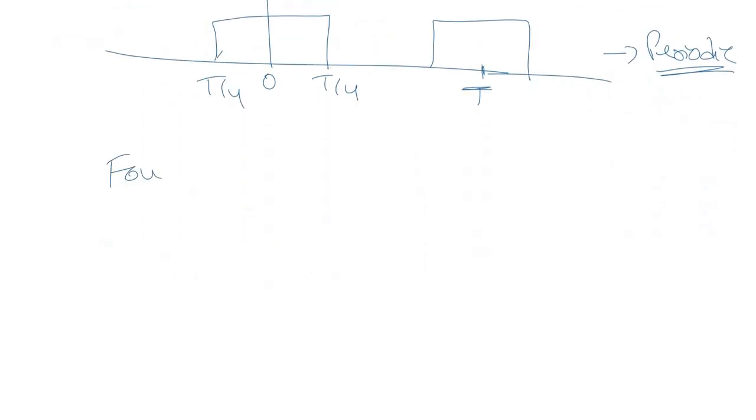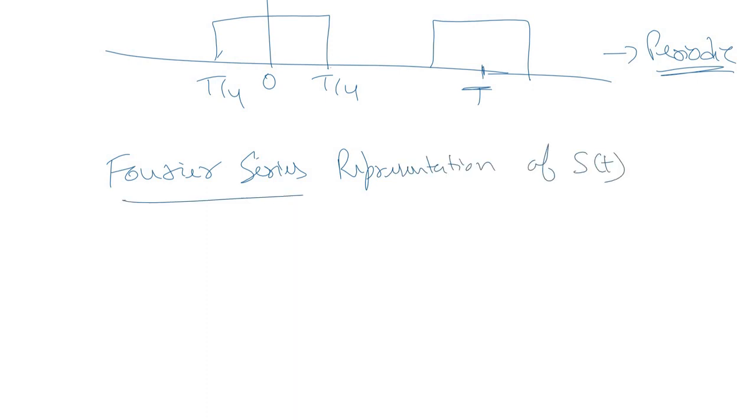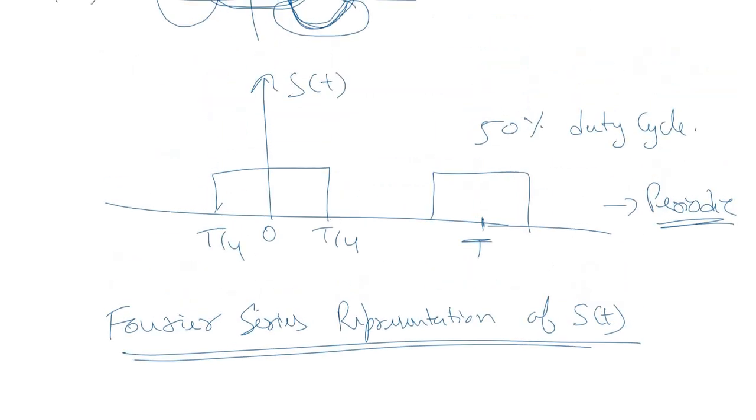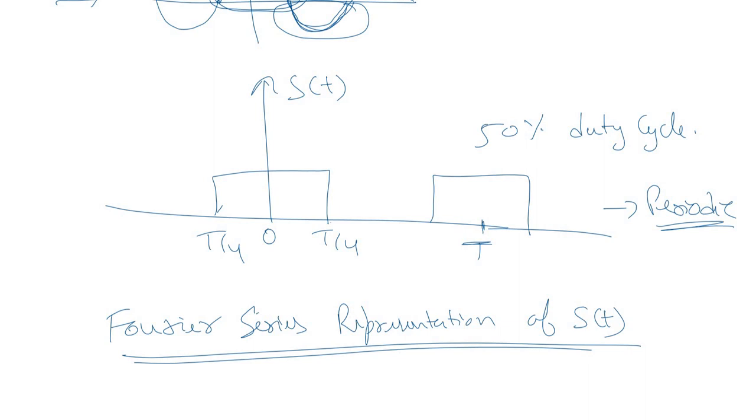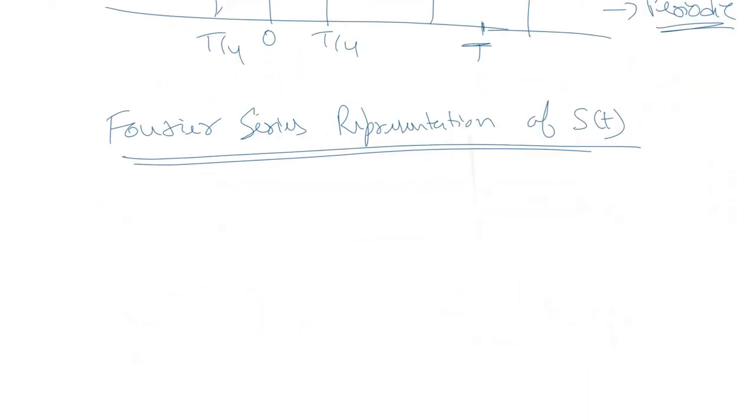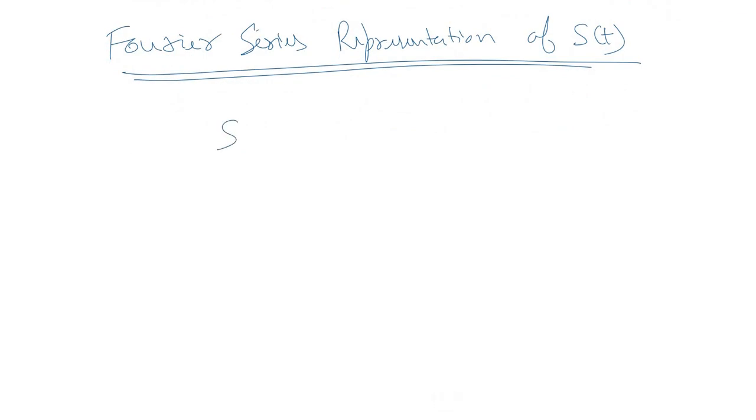So we'll find out the Fourier series representation of s(t). We'll have to find out this Fourier series representation since it's a periodic signal, to get the background of the whole mathematical analysis, right?